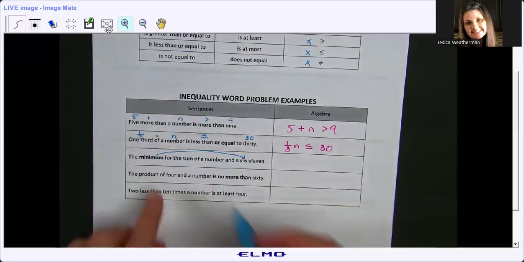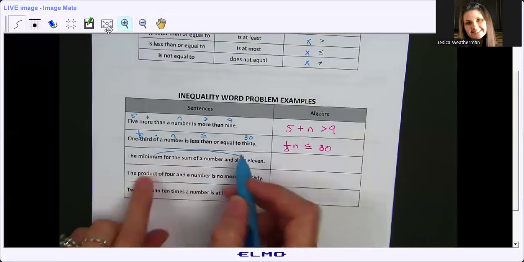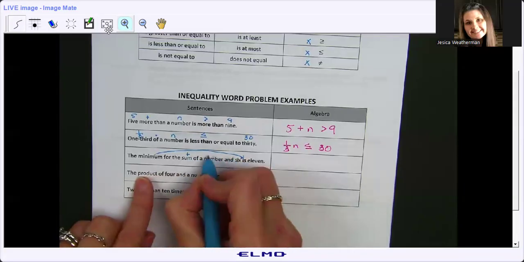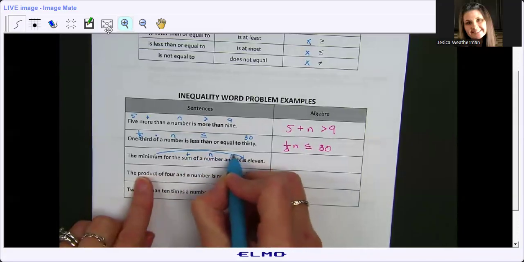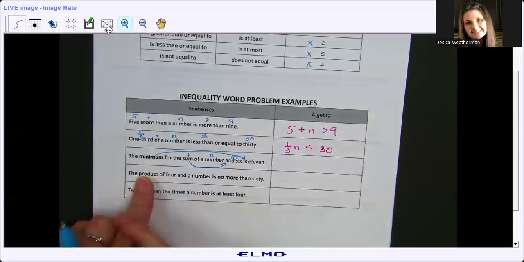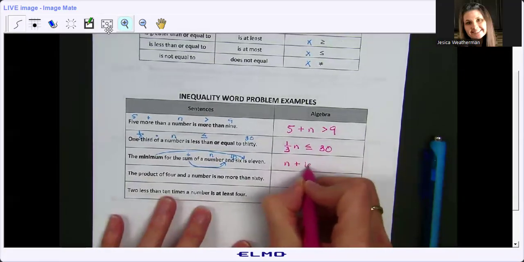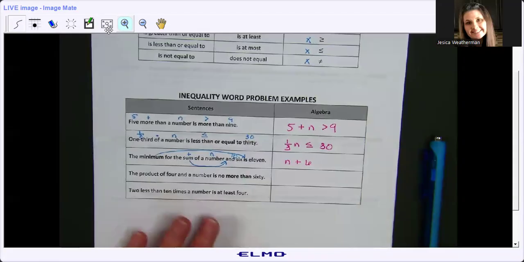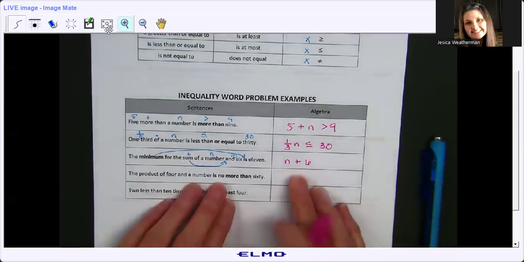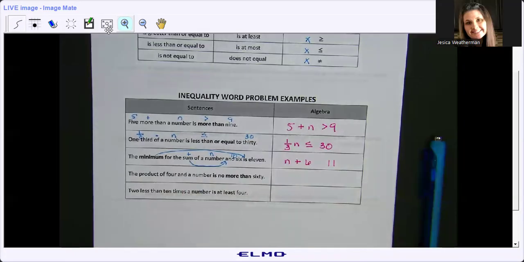So the sum of a number and 6, oops, that sum goes right here. Okay, so I'm going to write that. The sum of a number and 6 is a minimum of 11, or it's the minimum.